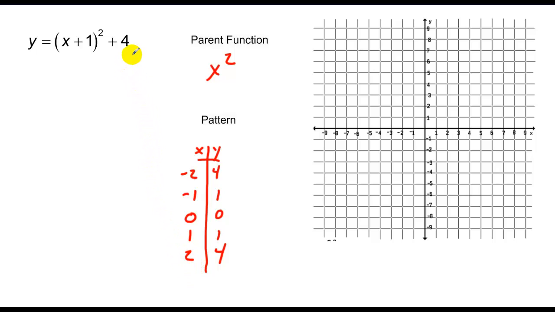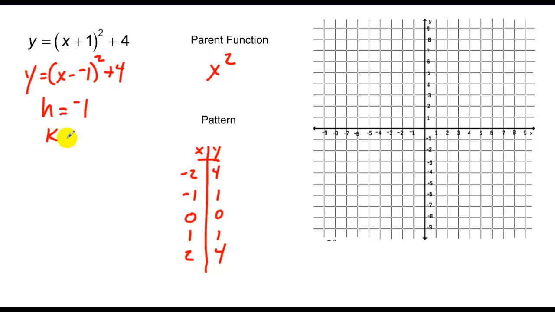And now I want to take a look at this equation. I notice that within the function to the squared, I have an h value, but h needs to follow a subtraction sign. So my h value would have to be -1.